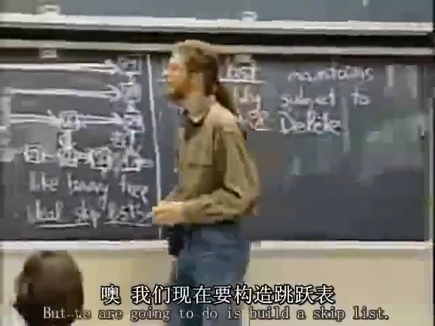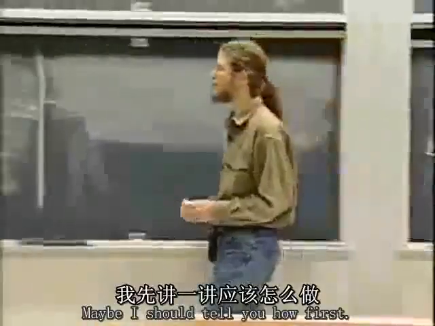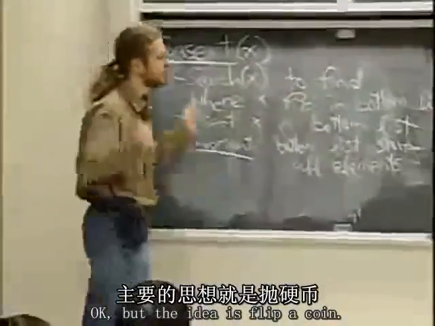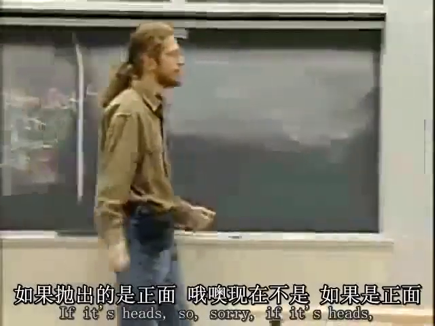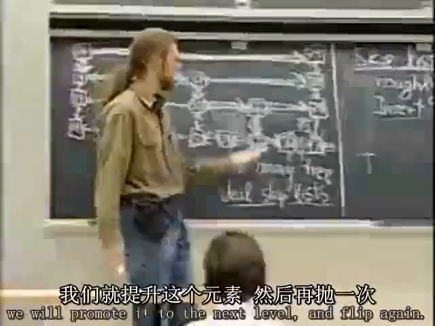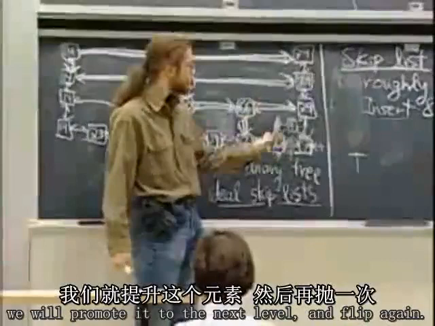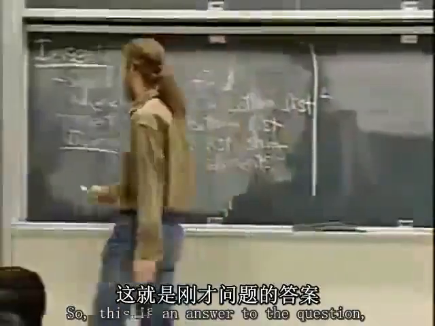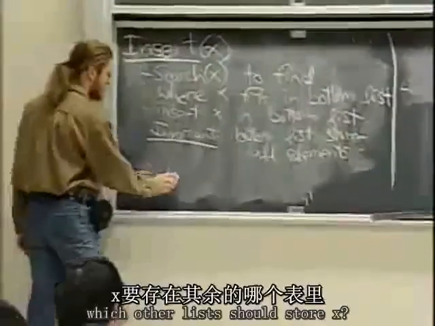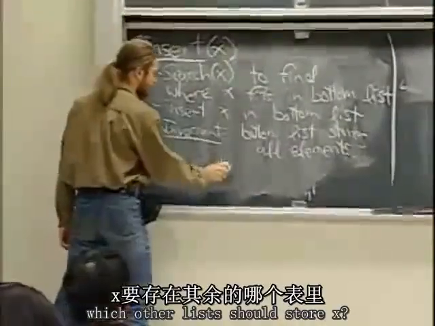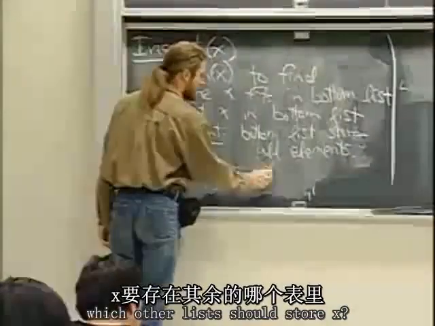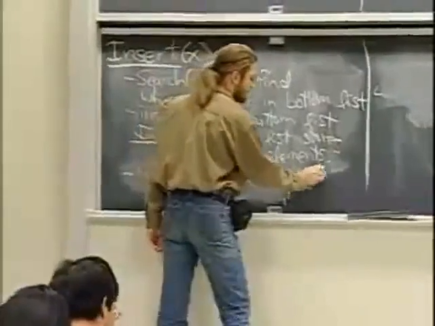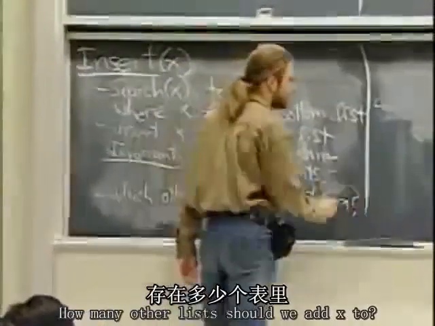Okay. What we're going to do is build a skip list. Maybe I should tell you how first. The idea is flip a coin. If it's heads, we will promote it to the next level and flip again. So this is in answer to the question: how many other lists should we add x to?